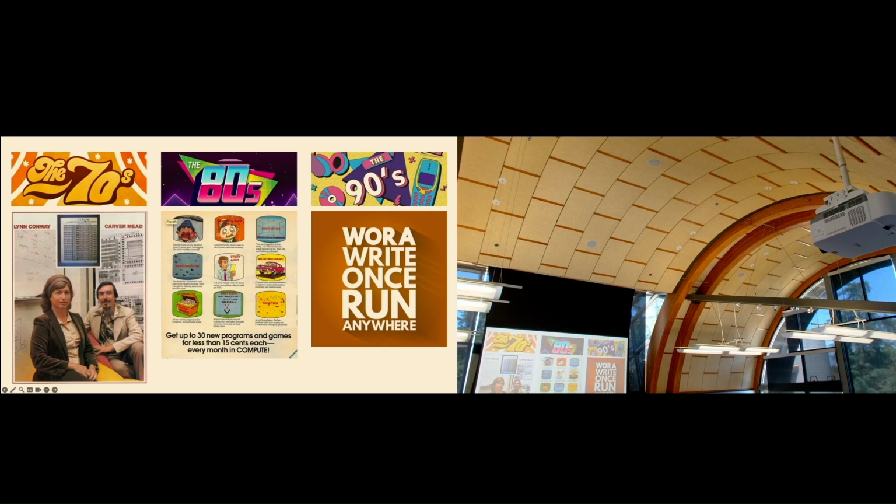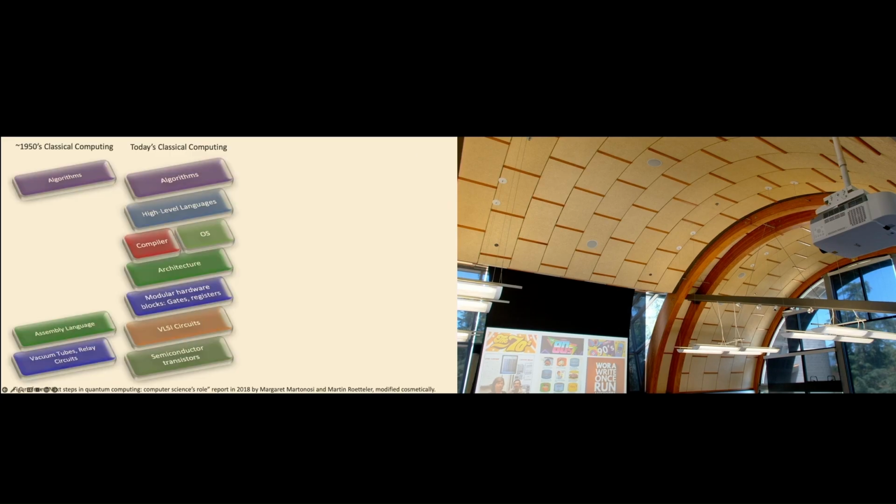This would be really out of date in classical computing, because this was the slogan of Java in the 1990s. But in quantum computing, this is a really fresh idea that hasn't been realized yet. We'll see that coming next if you follow the history of classical computing.